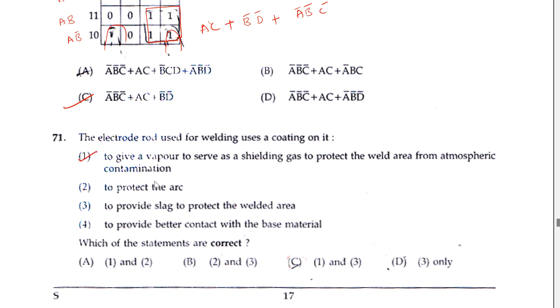To protect the arc is the wrong option. To provide slag to protect the welded area is 3. To provide better contact with the base material is wrong. So 1 and 3 will be the correct statements for this question.